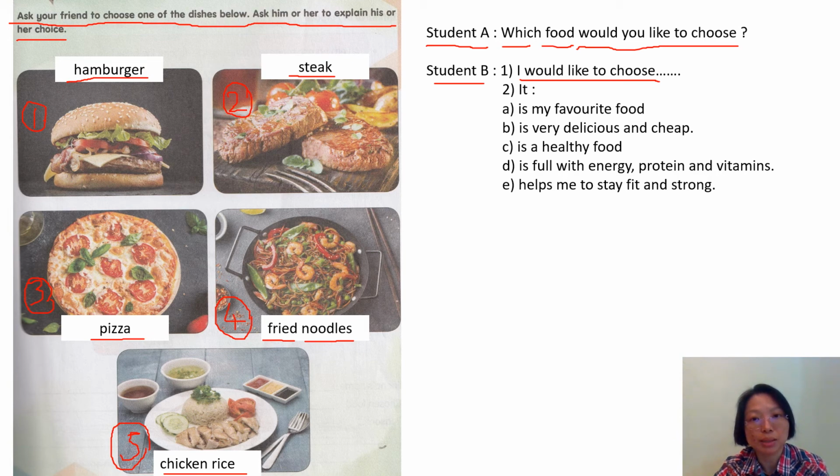Then you give the reason. It is my favorite food. Or you can also say it is very delicious and cheap. Or it is a healthy food. Or it is full of energy, protein, and vitamins. And lastly, you can also say that it helps me to stay fit and strong.